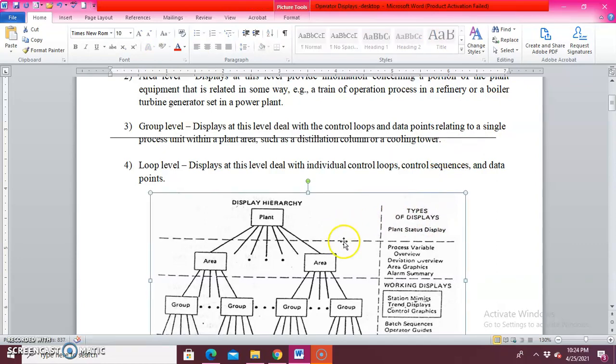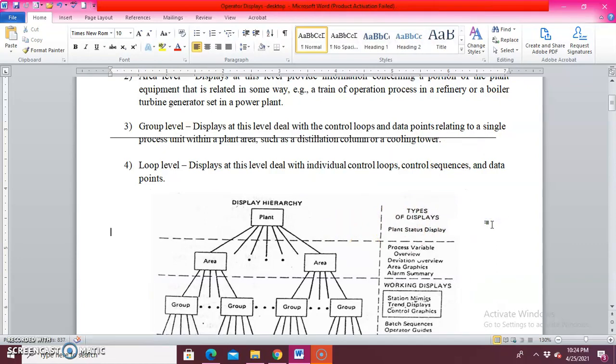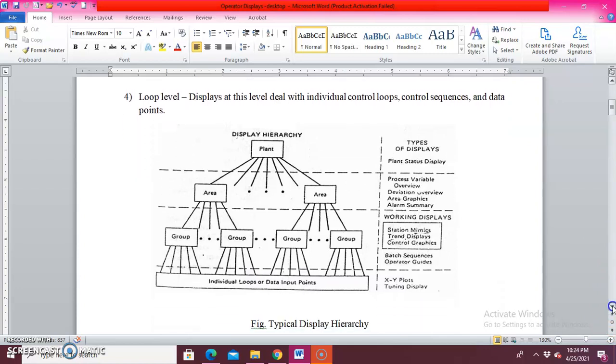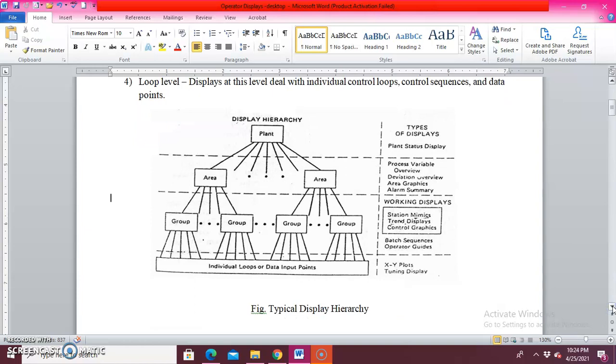This diagram shows the types of displays: plant status, then process variable overview, then working display, and finally individual loops. This is your plant, called the plant status. Then comes the second part, your area, which is a process variable, and here you have alarm area graphics.